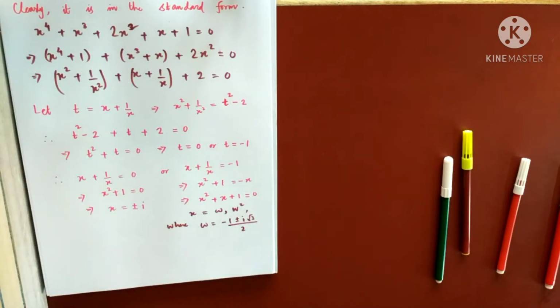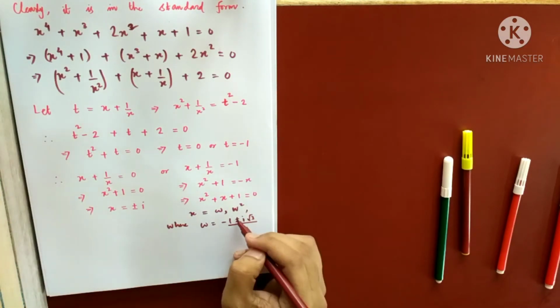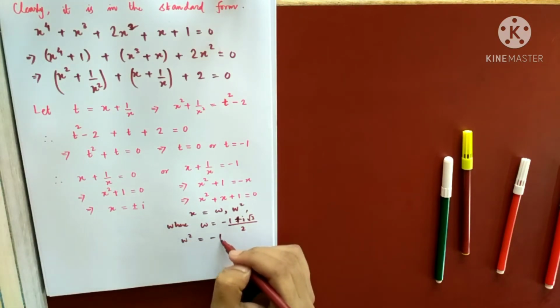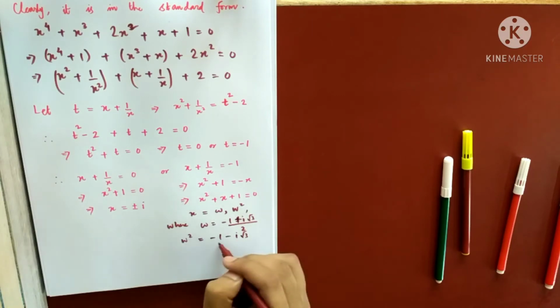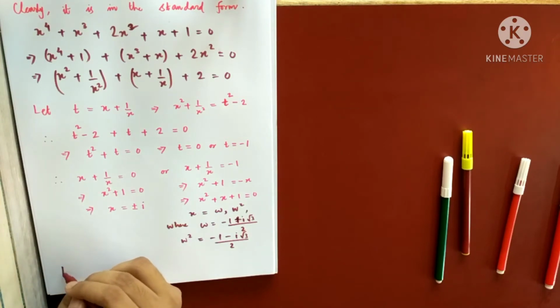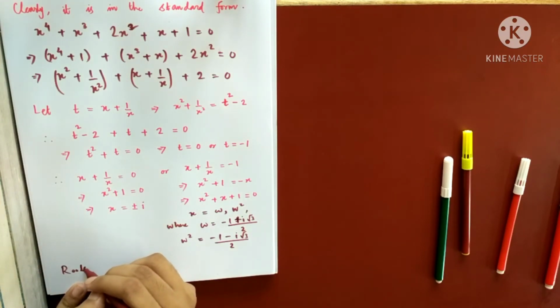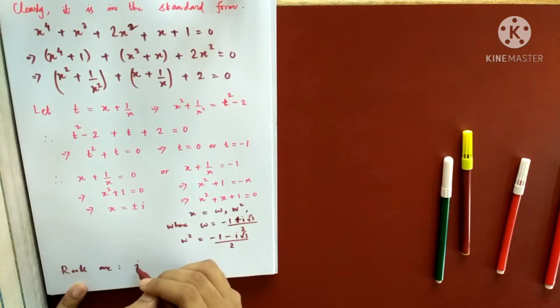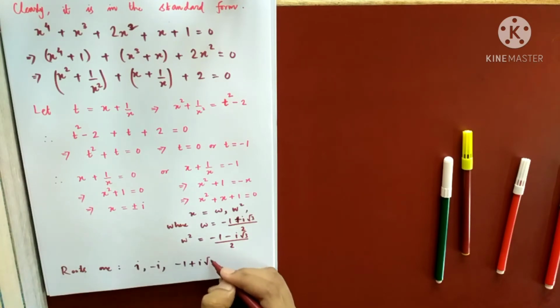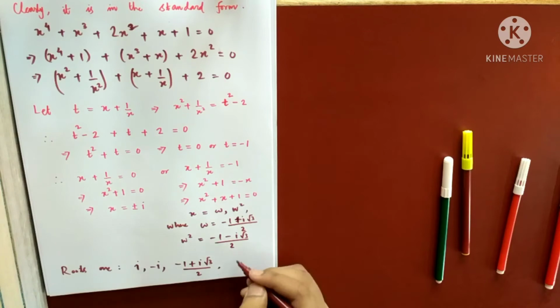This will be omega, and omega square will be with minus, minus 1 minus i root 3 by 2. So the roots are plus minus i, and you can write omega as minus 1 plus i root 3 by 2 and omega square as minus 1 minus i root 3 by 2.